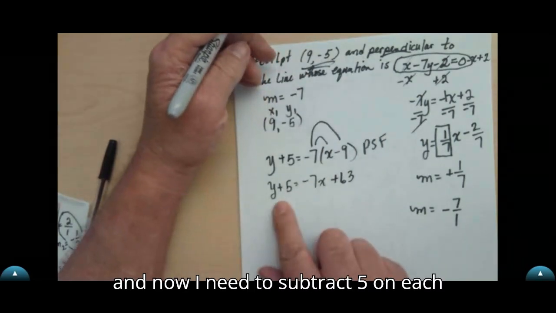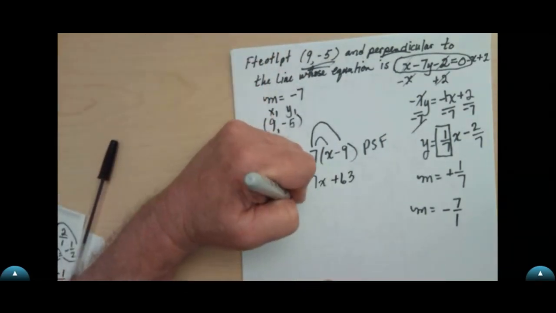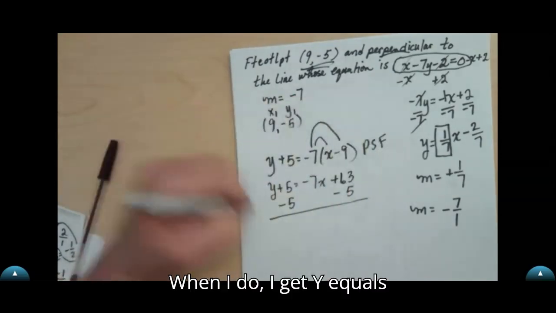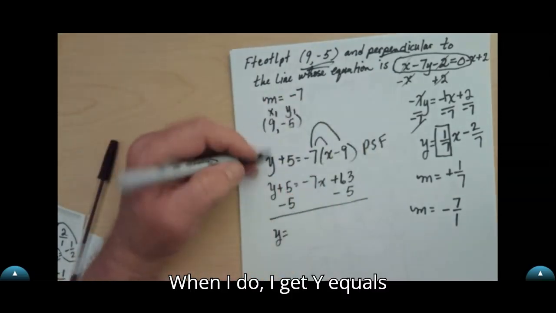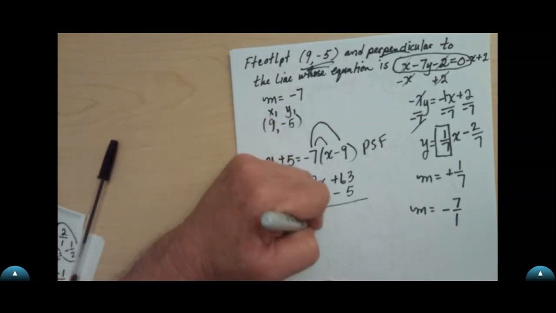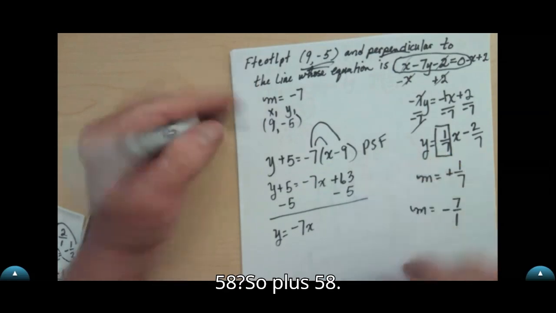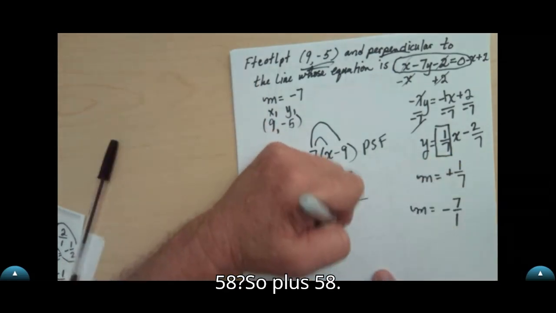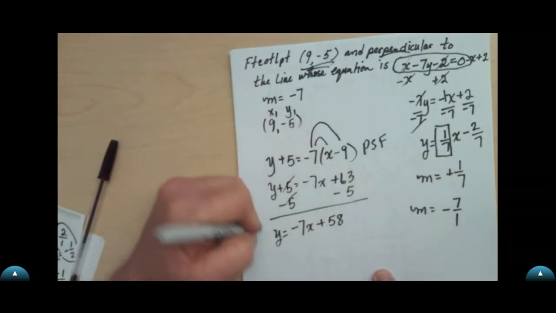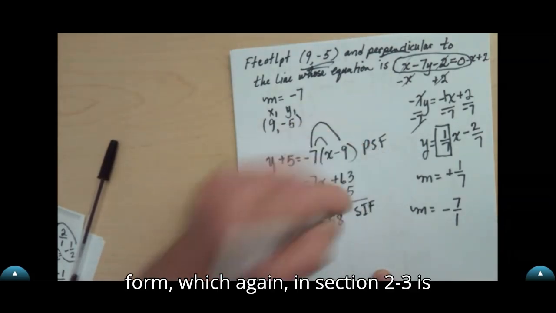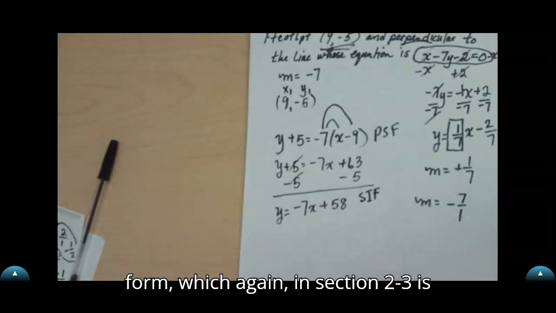And now I need to subtract 5 on each side. When I do, I get y equals -7x, and then 63 minus 5, is that 58? So plus 58. So there it is in slope-intercept form, which again in section 2.3 is what he's asking for.